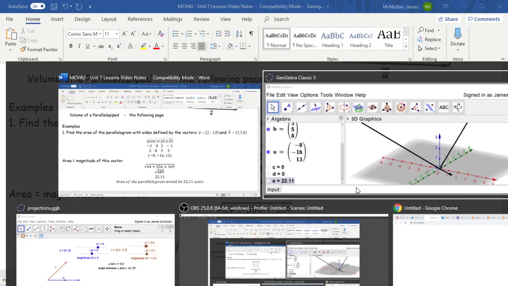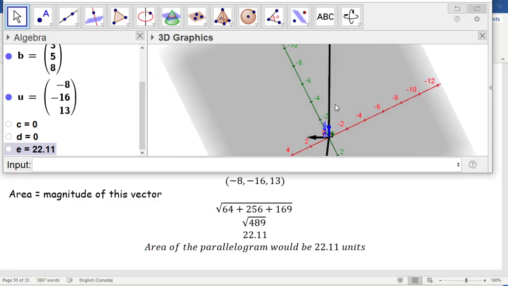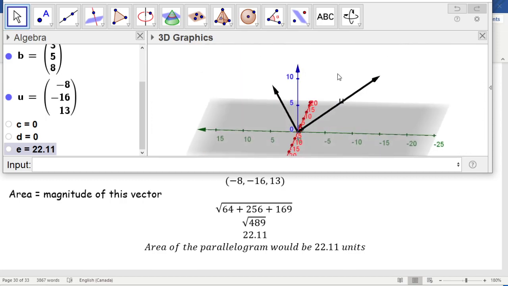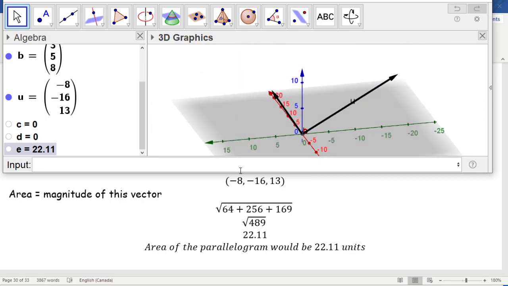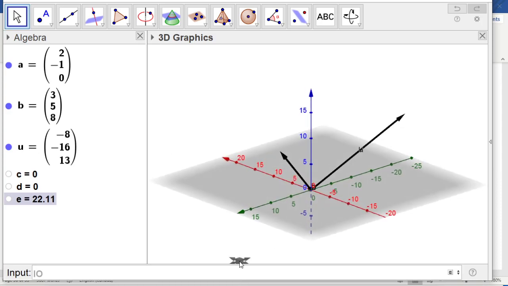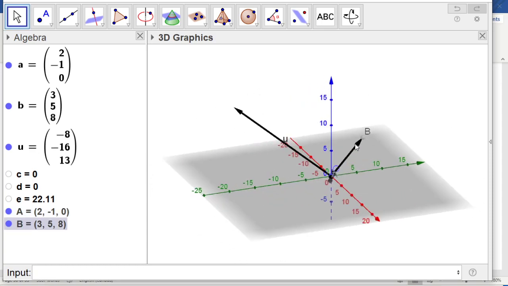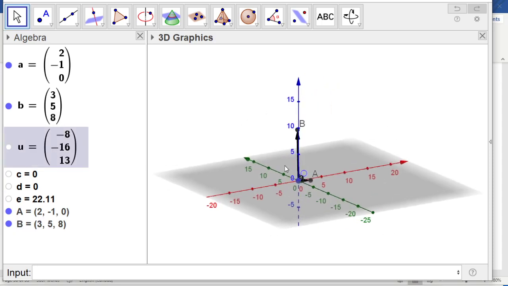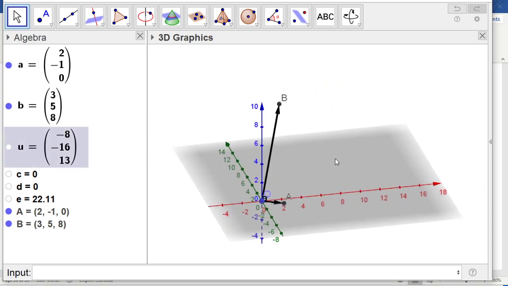Now, let's quickly show another way to do this question to check your work. Here are my two vectors. Let's make some points: O plus A, O plus B. We don't actually need that one.